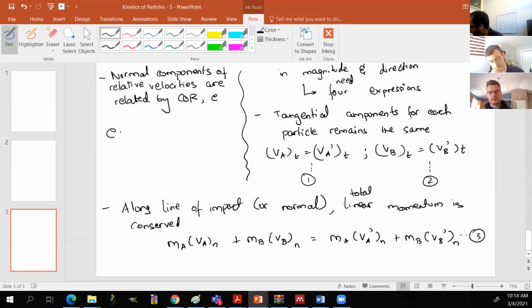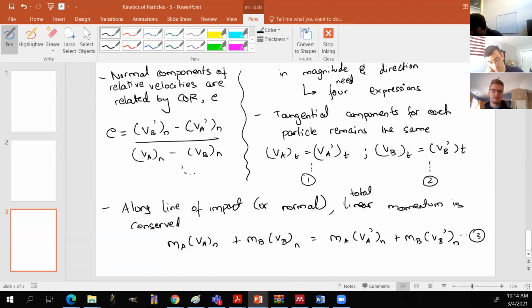So my e is basically going to be VB prime normal minus VA prime in the normal direction, divided by VA normal minus VB in your normal. And this is your fourth expression.